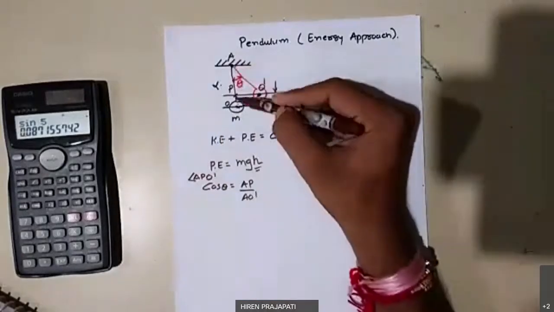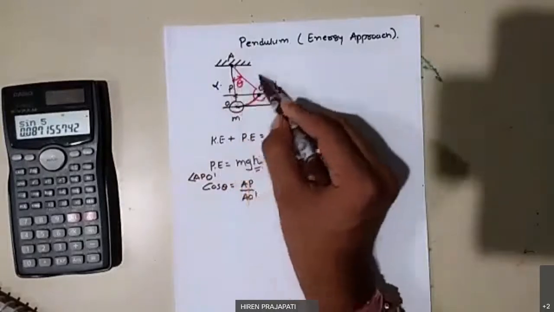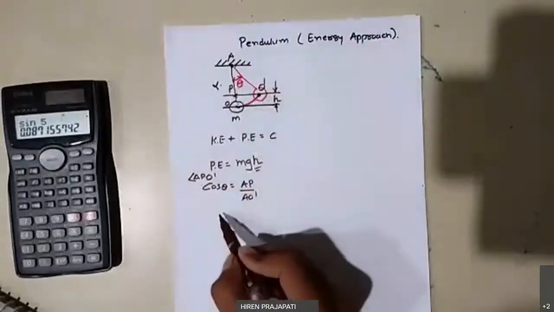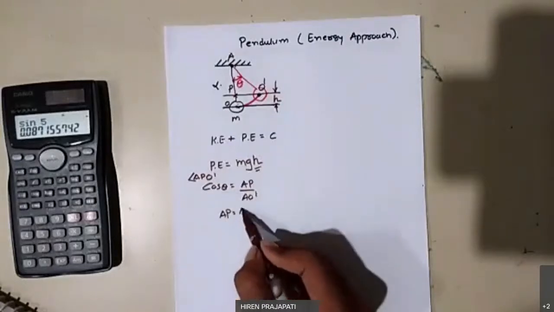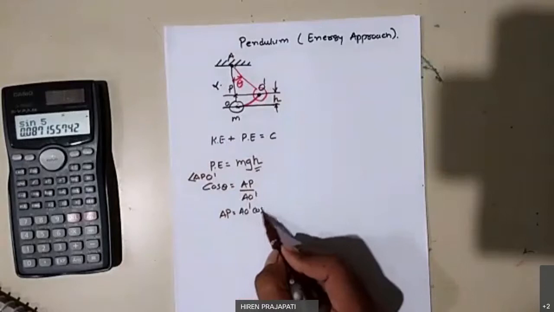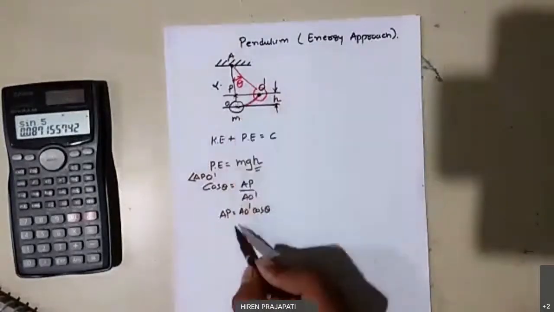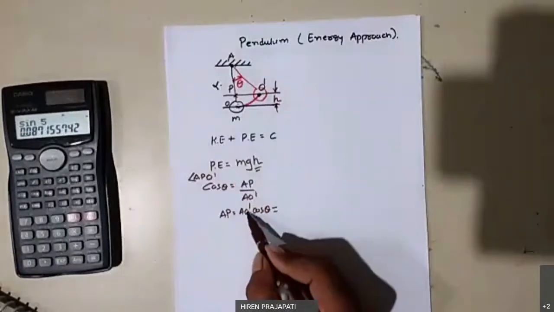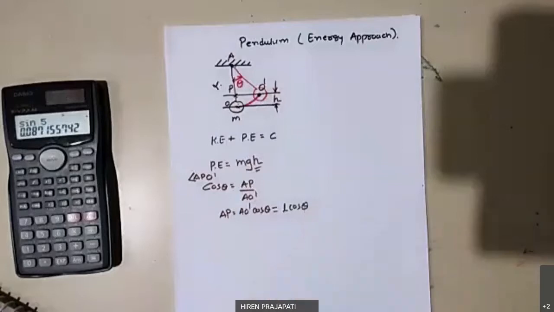Now AO and AO dash are both the same. It's L only, right? So here I can say AP is equal to AO dash cos theta, and AO dash is nothing but L, so AP is L cos theta, right?